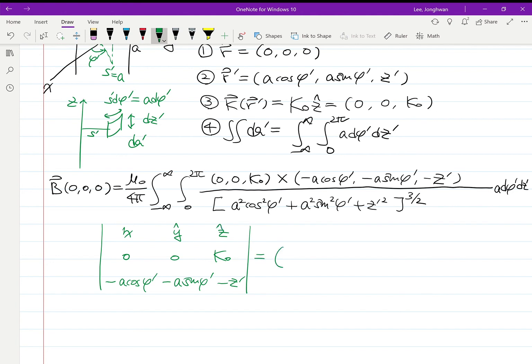So x component will become this one, minus this. And y component similar way. And z component will be 0.